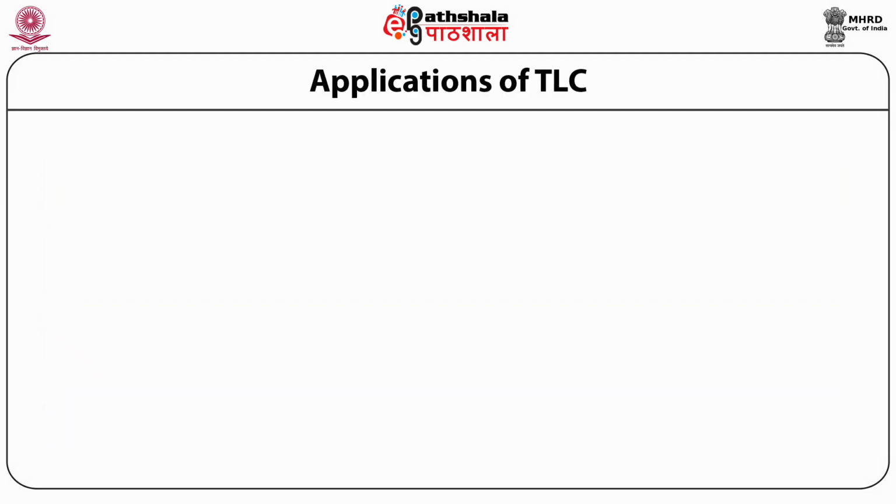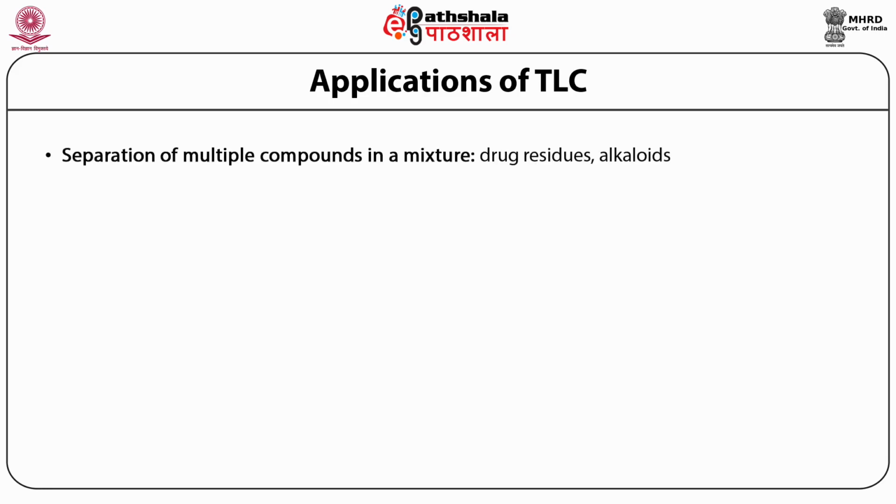Now, some of the applications of TLC are listed here. Keep in mind that this is a very small list and TLC can be applied to a large number of applications. However, some of the ones that are listed here are: it can be used for separation of multiple compounds in a mixture, such as drug residues or alkaloids.